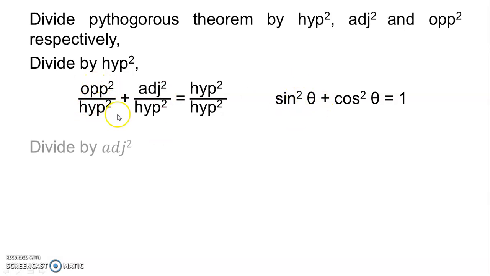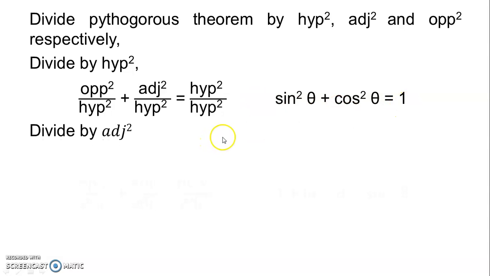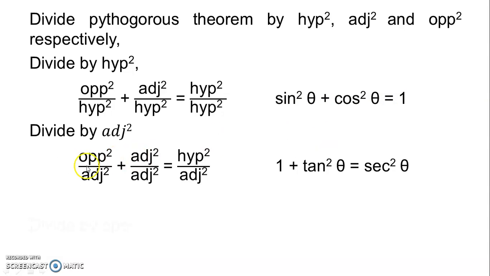So opposite square by hypotenuse square is sine square theta. Your adjacent by hypotenuse is your cos theta. So adjacent square by hypotenuse square will be written as cos square theta, and hypotenuse square by hypotenuse square will be equal to 1. Hence, we have derived the formula, that is trigonometry identity, sin square theta plus cos square theta is equal to 1.